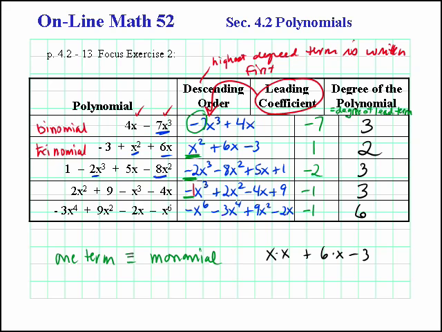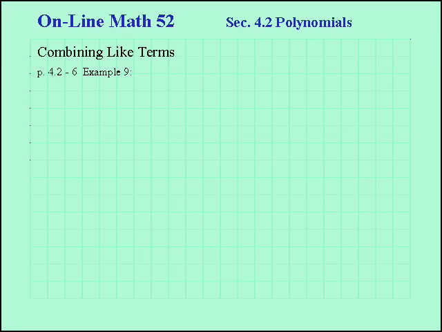Okay, next example. Combining like terms. This is page 4.2-6, example 9. Let me turn to that page. Here it is. And we can combine like terms by combining the coefficients as long as the variable clusters are the same.